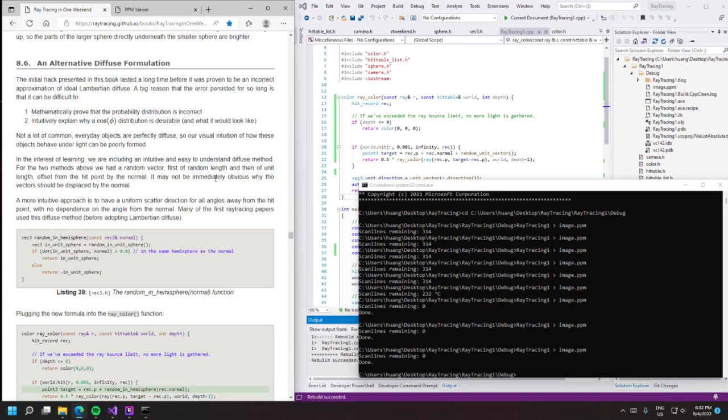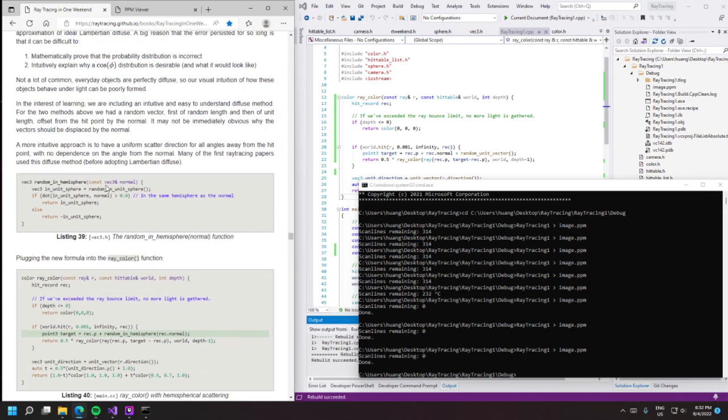It may not be immediately obvious why the vector should be displaced by the normal. Yes, I don't understand. A more intuitive approach is to have a more uniform scatter direction for all angles away from the hit point, with no dependence on the angle from the normal. Many of the first ray tracing papers use this diffuse method.